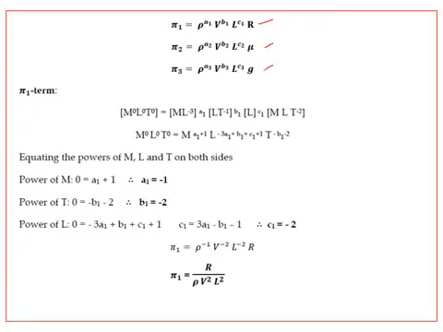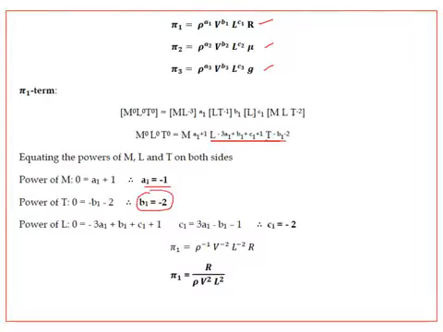Taking the pi 1 term now. Rho is M L^-3, velocity is L T^-1, L, and resistance is M L T^-2. Raise them to the powers: for M it is a1 + 1, for L it is -3a1 + b1 + c1 + 1, and similarly for T it is -b1 - 2. Now equating the powers of M, a1 + 1 is 0, so a1 is -1. For T, -b1 - 2 is equal to 0, so b1 is -2.